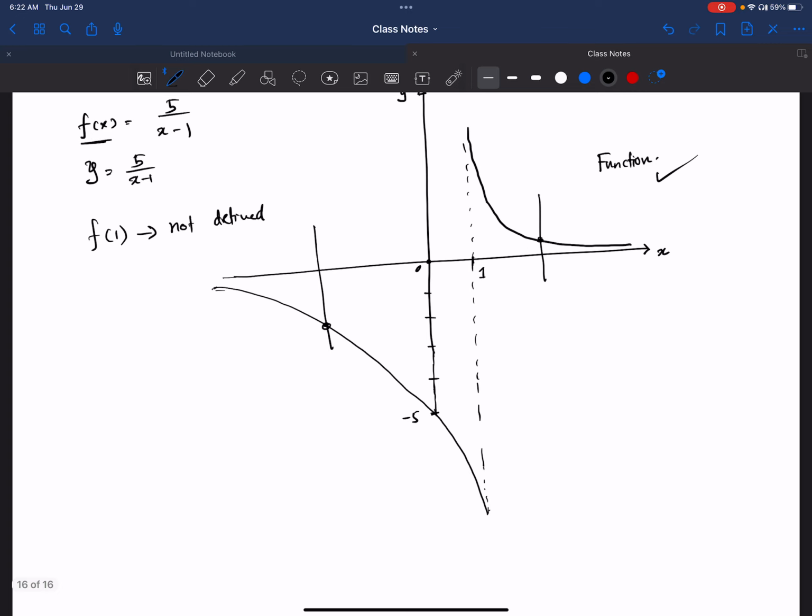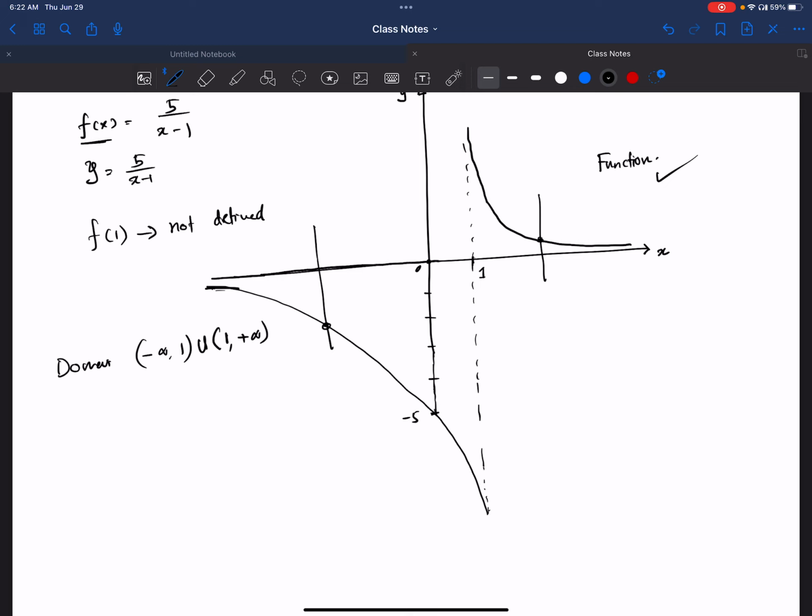We need to exclude that from our domain. So our domain is negative infinity to 1, and then 1 to positive infinity. And you can see that in the range, y equals 0 is this line, right?